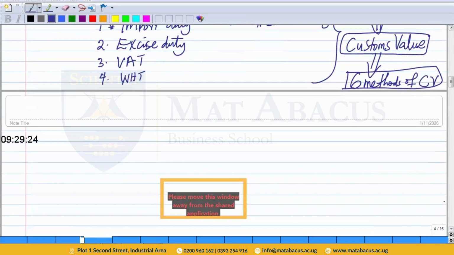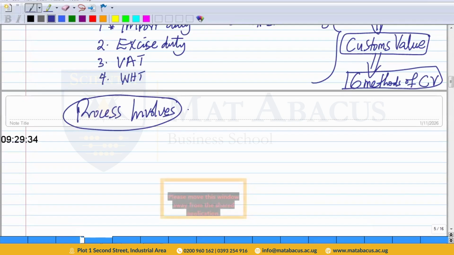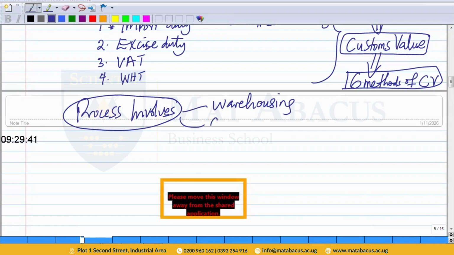Now, along the way, as we are doing this, there are some processes that are involved in customs. So we shall look at them. We shall look at warehousing. How does warehousing happen? We shall look at clearing of goods, or declaration of goods using the ACCA system.